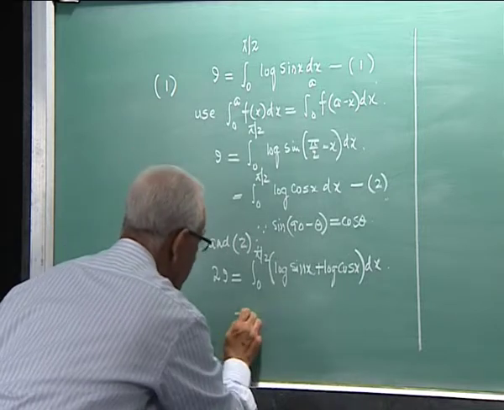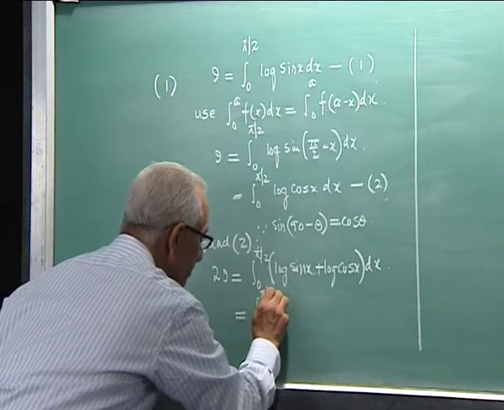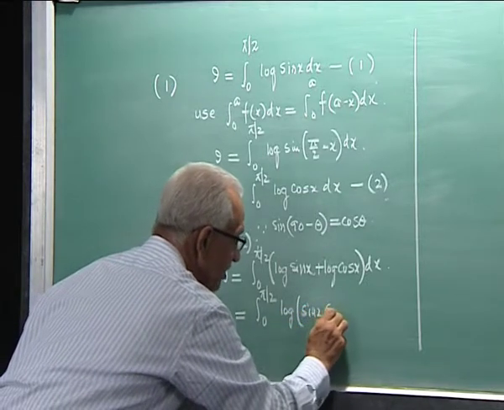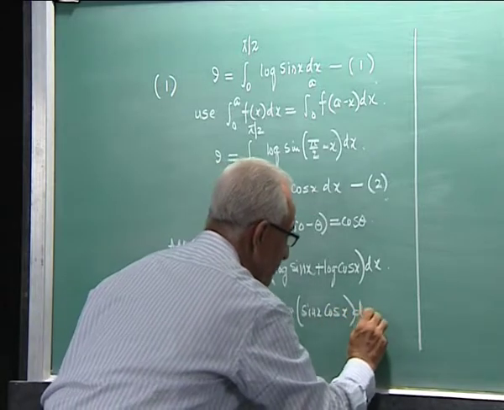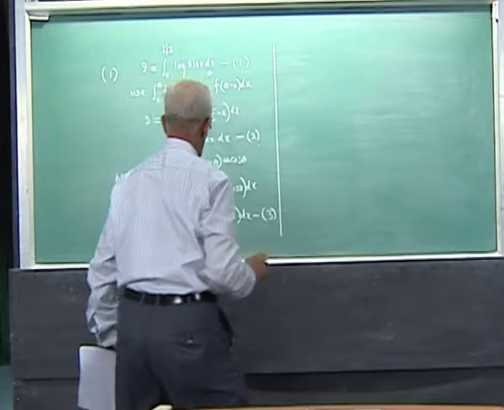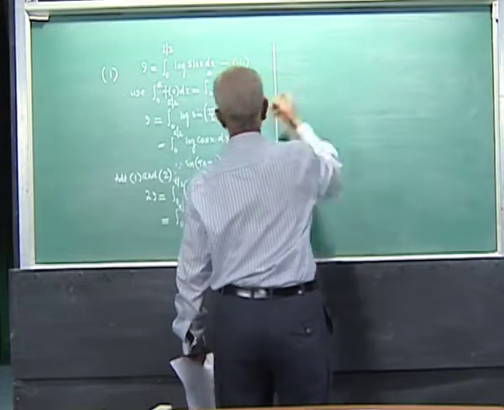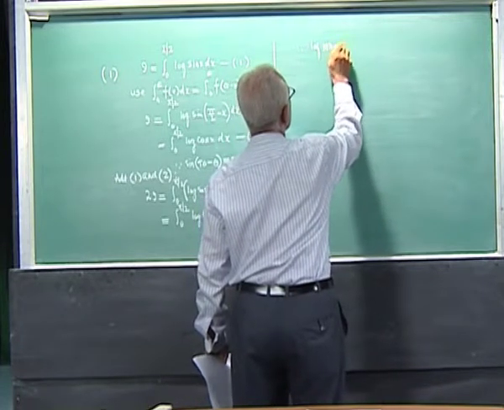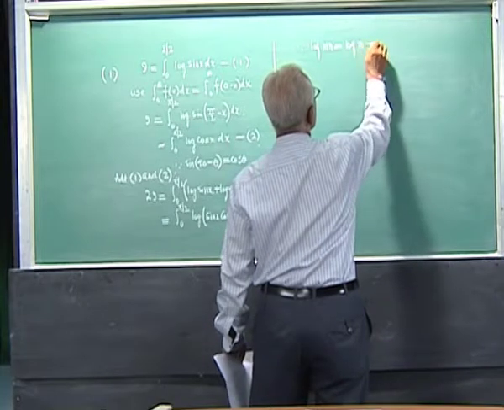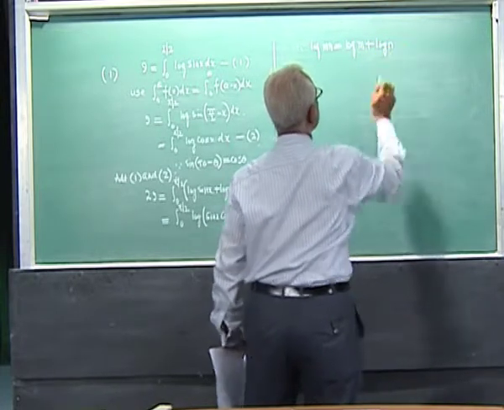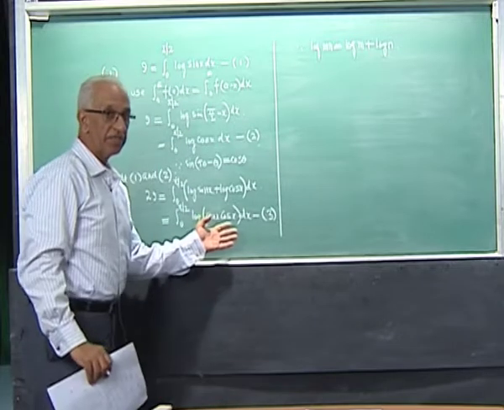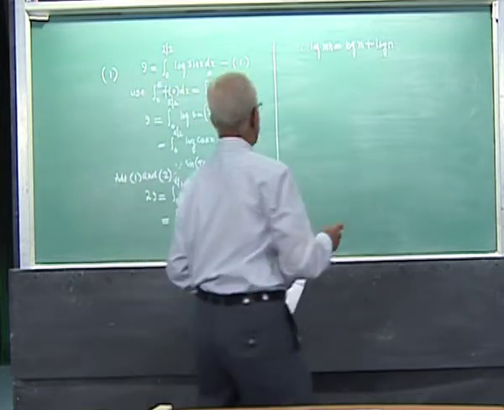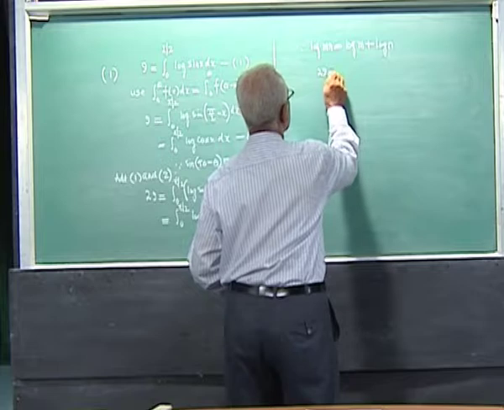To be more precise, I'll write it as 0 to pi by 2 log of sin x into cos x dx. Let me mark it third. I have used the relation log of m into n is equal to log of m plus log of n, and therefore I have used it here as sin x cos x dx.